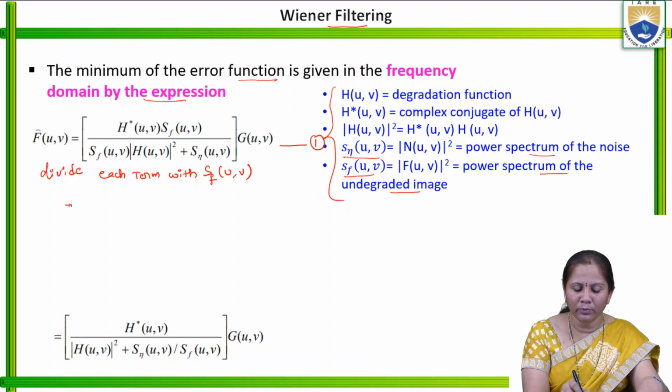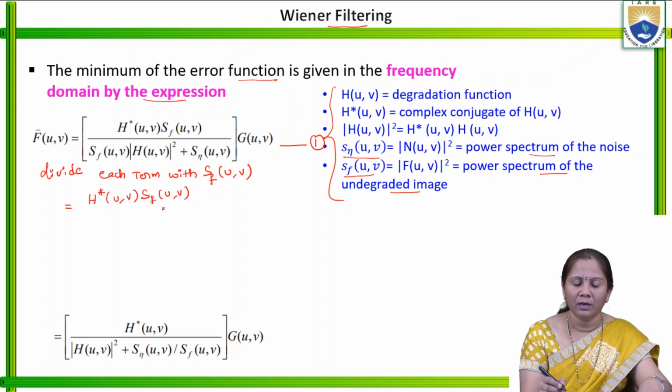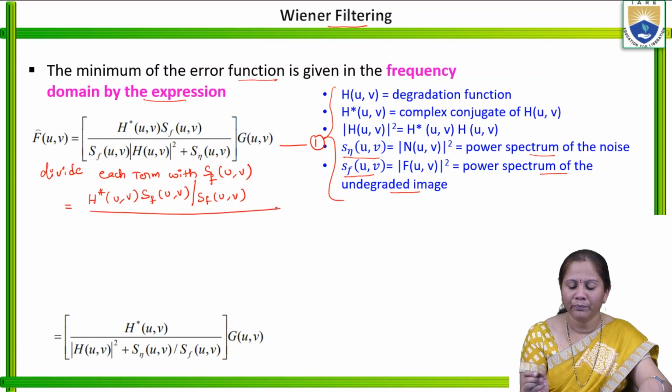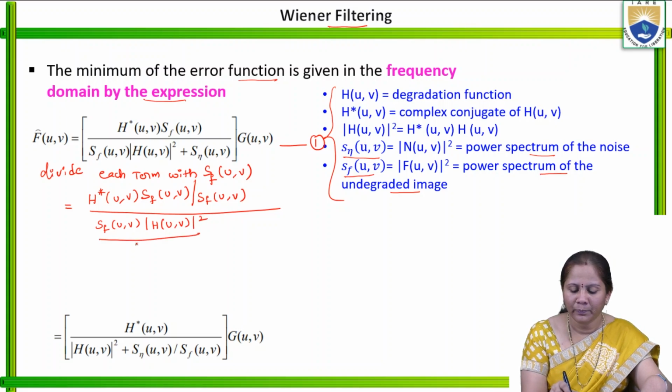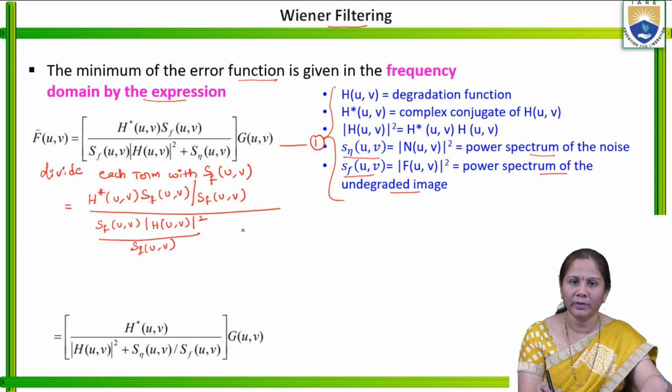If you divide each term with Sf of u comma v, we get h star of u comma v into Sf of u comma v as the numerator term, divided by Sf of u comma v into mod h of u comma v whole square for the denominator term, divided by Sf of u comma v, plus another term, S eta of u comma v by Sf of u comma v.